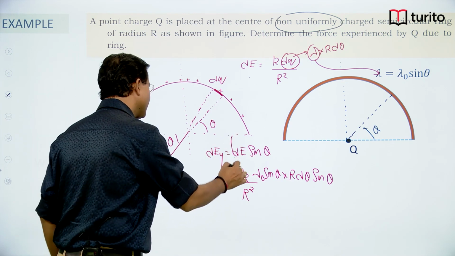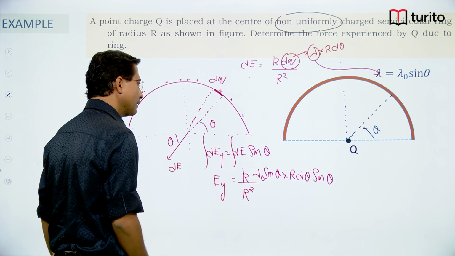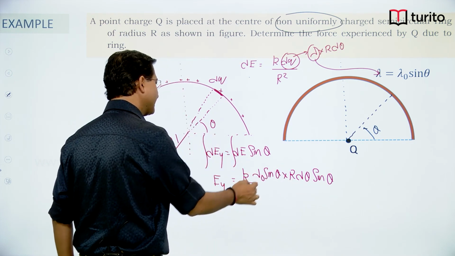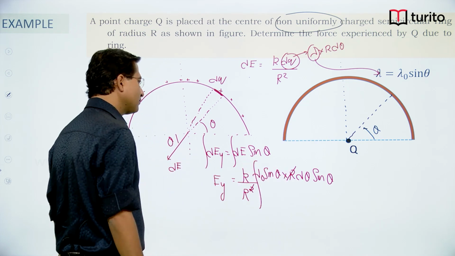If I integrate this one, then I will get the y component. Look at this, all these are constant, this r I can take out, and this r and one r will get cancelled out, and this I need to integrate.